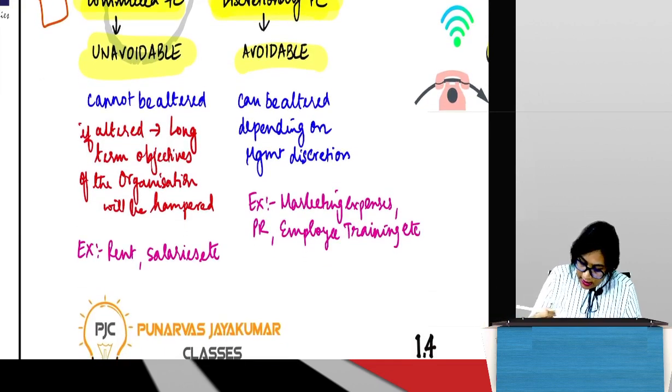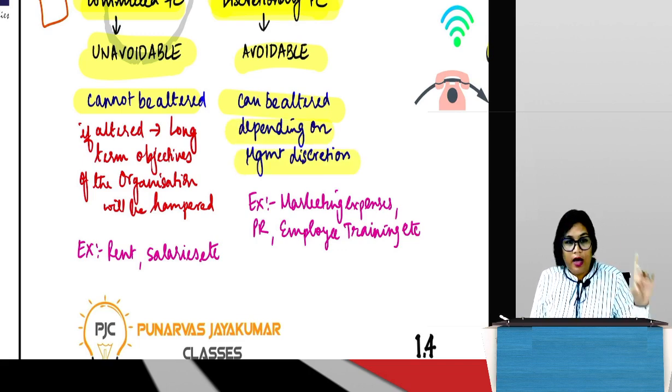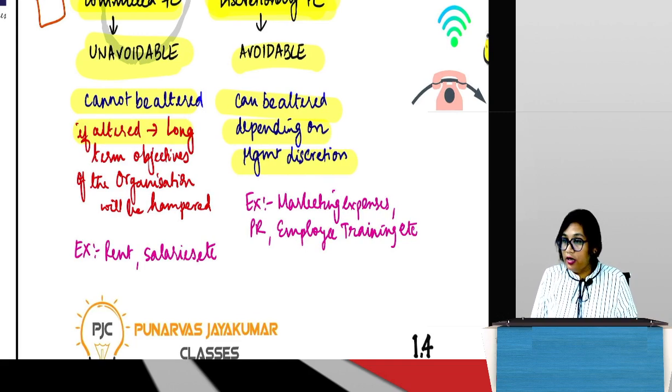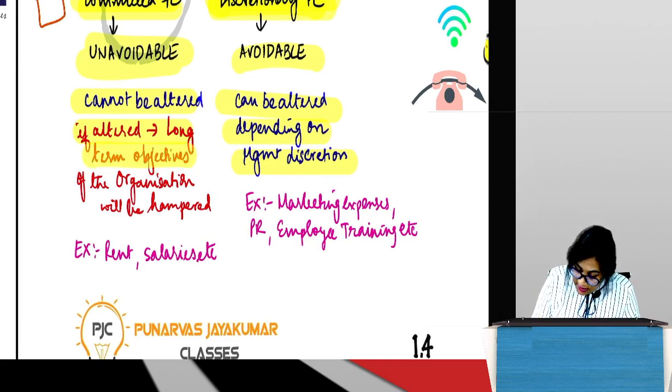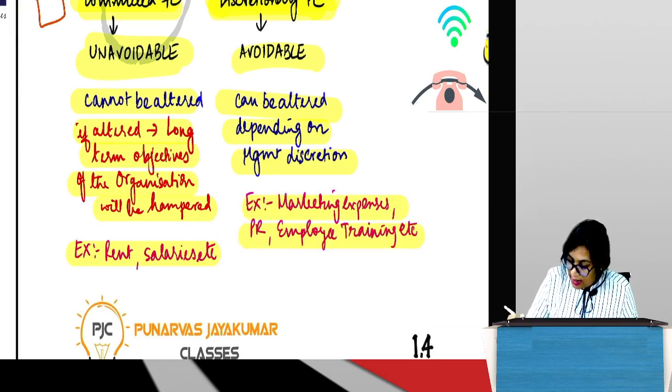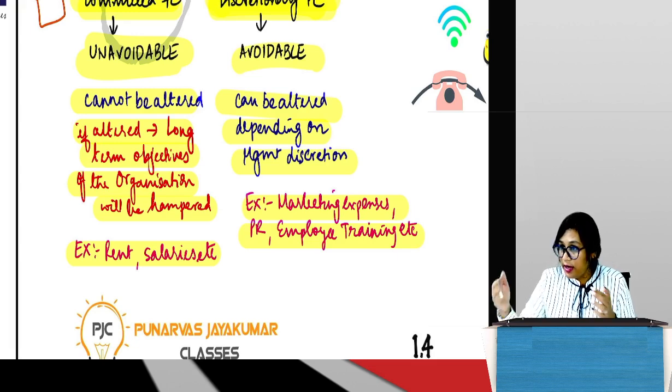So see here: cannot be altered, unavoidable; can be altered depending on management discretion, avoidable. If committed fixed cost is altered, it affects the long-term objectives of the organization. Examples are given here, the same examples which I explained to you, but I hope you have written the examples in your own words in your book.